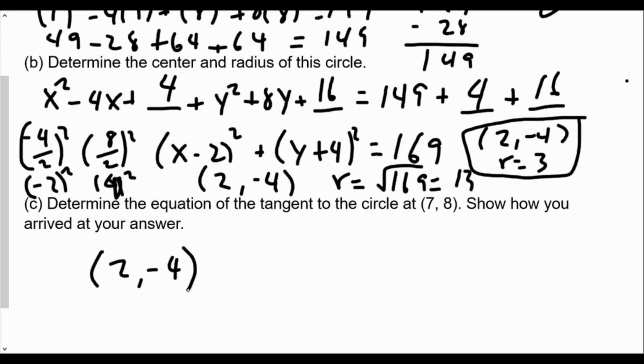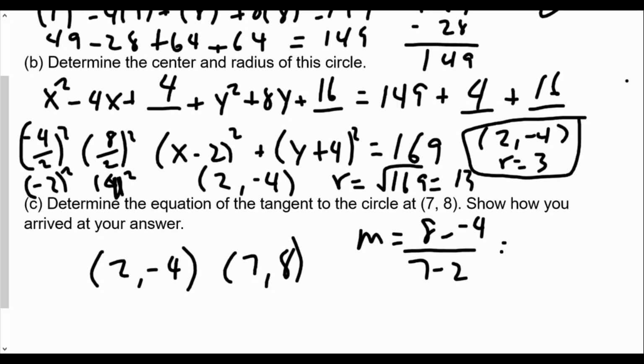And we're going to then find the point (7, 8). And so our slope between these 2 points is 8 minus negative 4 divided by 7 minus 2, which is 12 over 5. So the negative reciprocal will be negative 5 over 12.